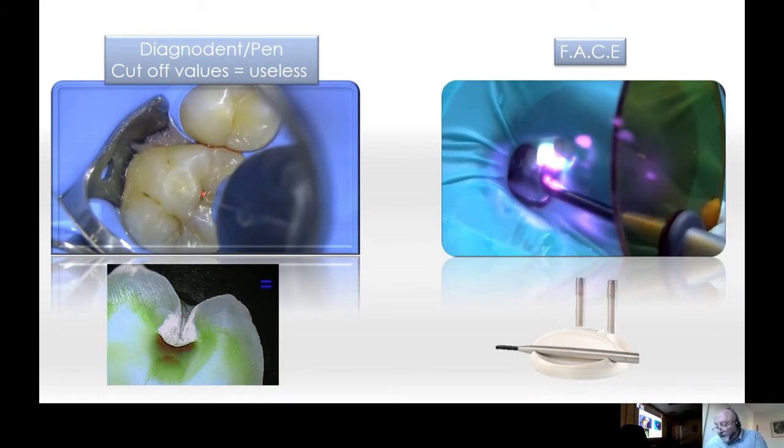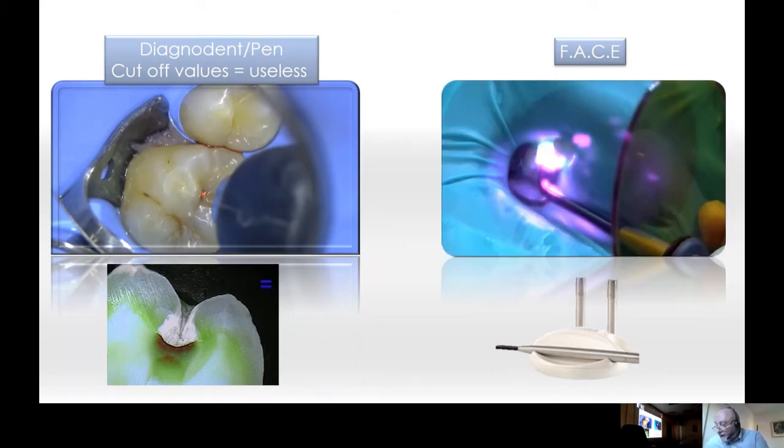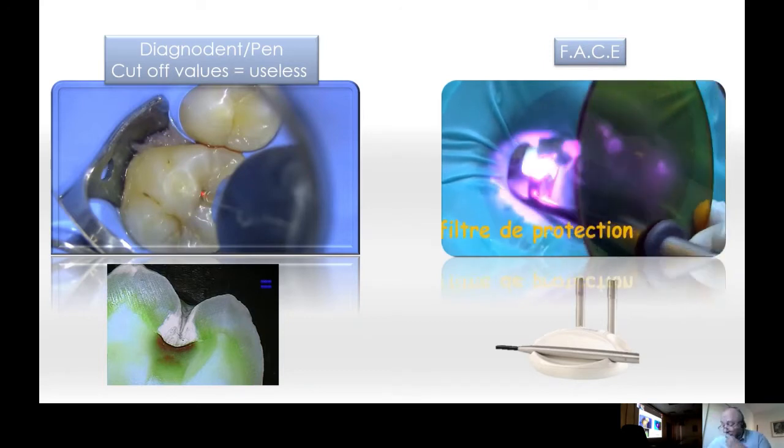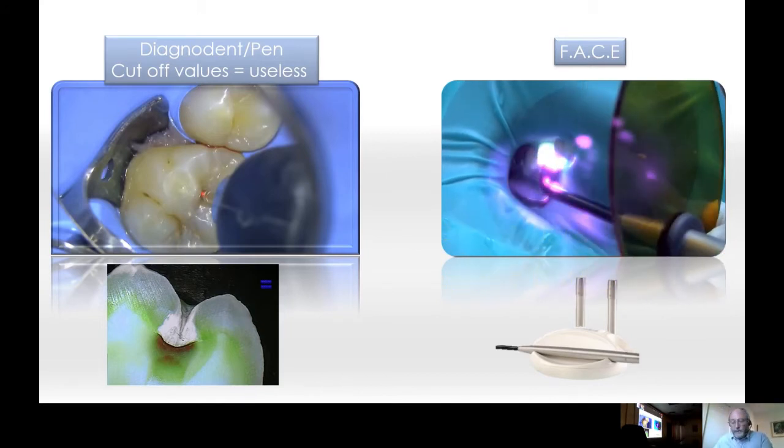False positive signal remains also the main drawback, as for the Fax tool on the right side. CariesScan, based on electric signal in particular, has disappeared from the dental market despite a few papers in very prestigious reviews and renowned authors.